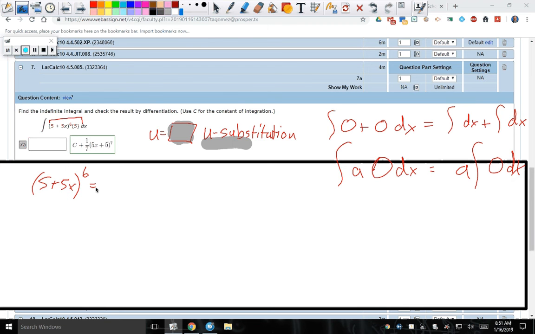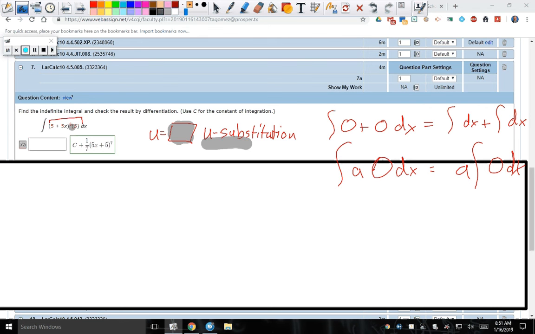It's easier to look at a product and identify that there is multiplication happening between those two pieces: the parenthetic piece times 5. So already I'm thinking my first go-to is possibly U substitution.